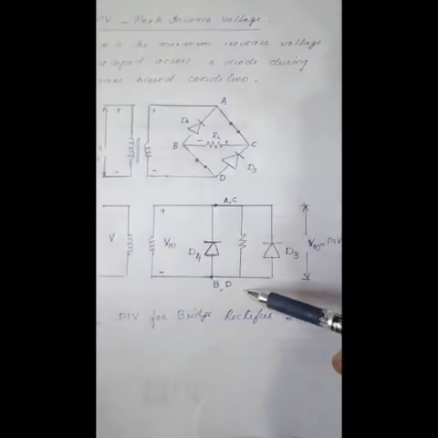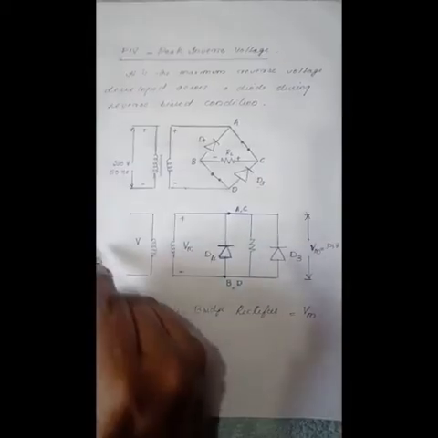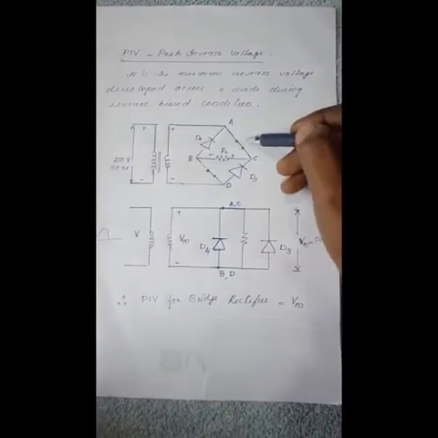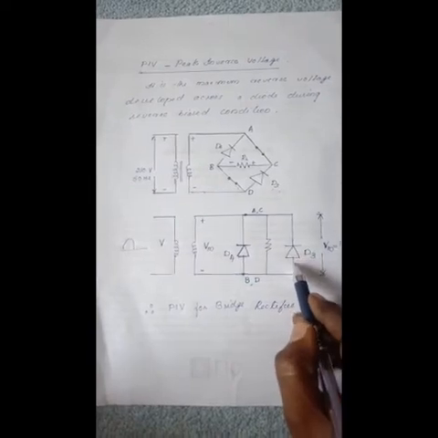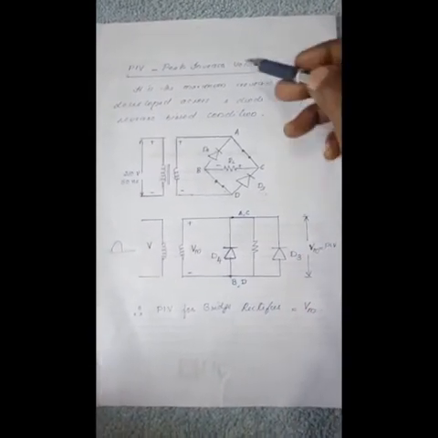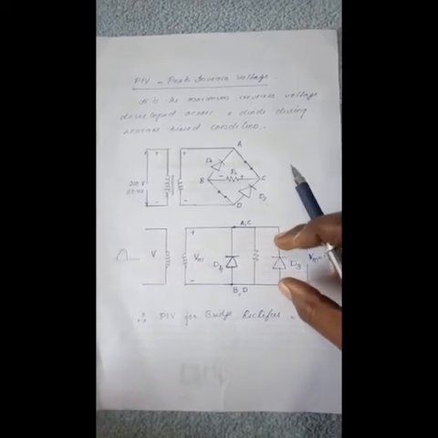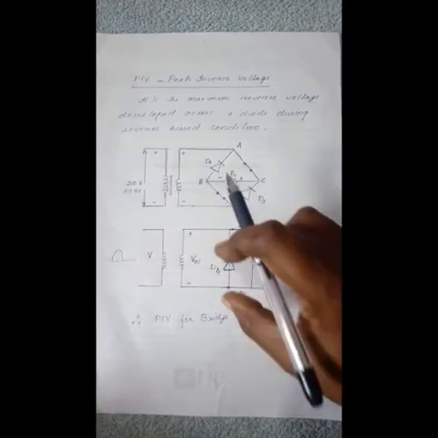For the positive cycle, D1 and D2 are forward biased, D3 and D4 are reverse biased. So I have not shown the reverse biasing condition. We have to find out PIV, which is the voltage developed across a reverse biased diode. That means developed across either D3 or D4.